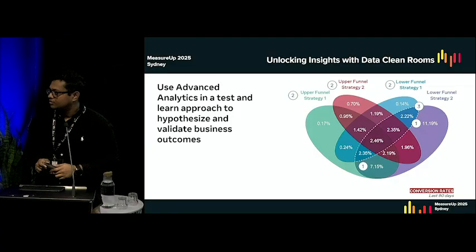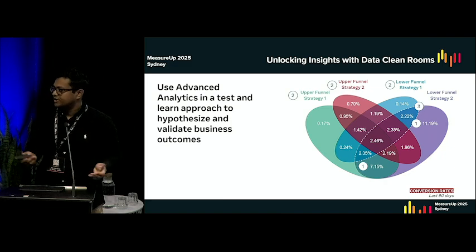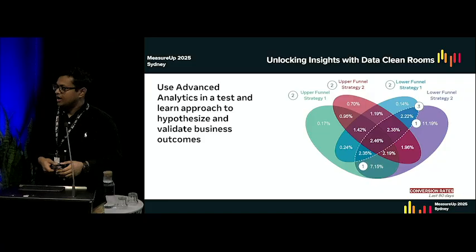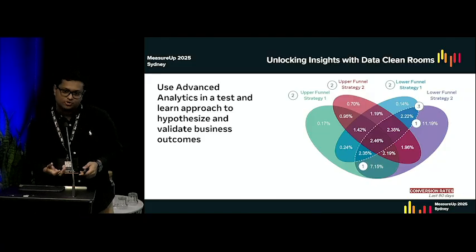So if I want to know who are the people who have seen both upper funnel and mid funnel, and their conversion rate, is that any different than people who only saw low funnel, right? So essentially, combining upper funnel and mid funnel, does it help compared to having mid funnel only? Is there a synergy that we can explore?